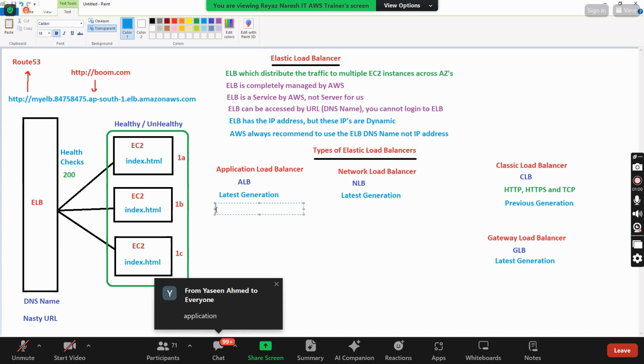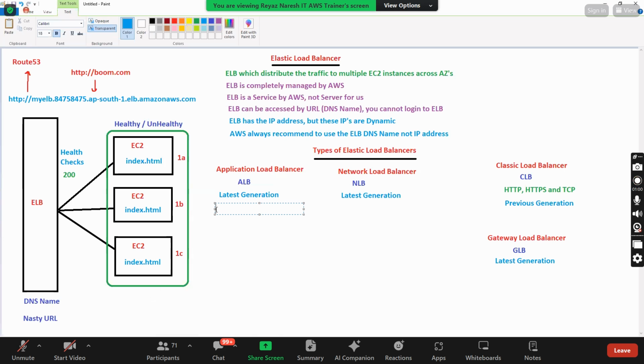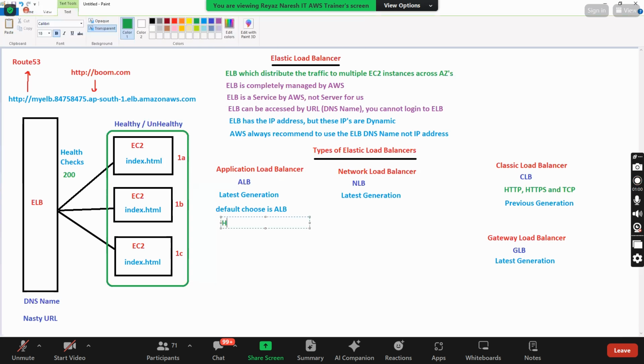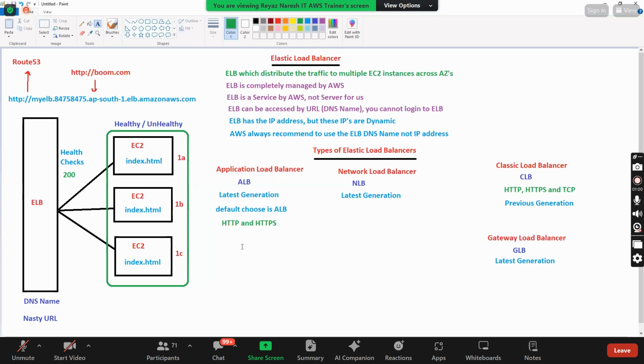Because we are deploying applications only, no? 90% of everyone in AWS creates the application load balancer. So that is the default choice. So the default choice is ALB, and this works on HTTP and HTTPS.